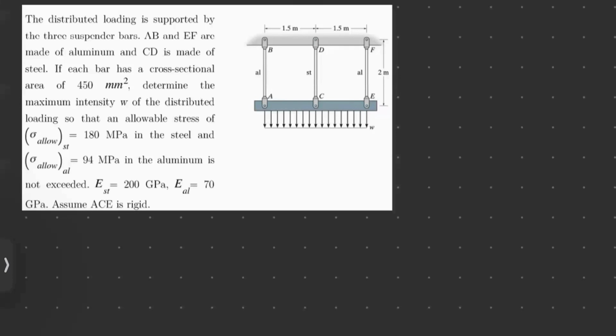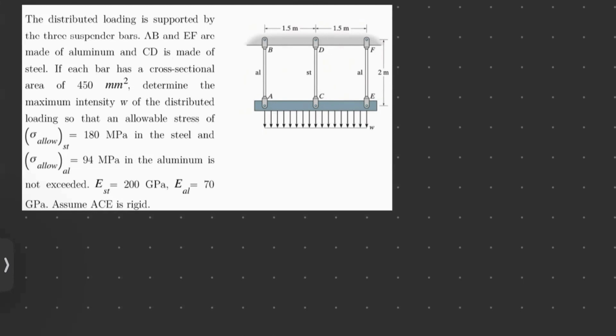We also know that the Young's modulus, or E, of steel is 200 gigapascals, while E for aluminum is 70 gigapascals. Assume ACE is rigid.